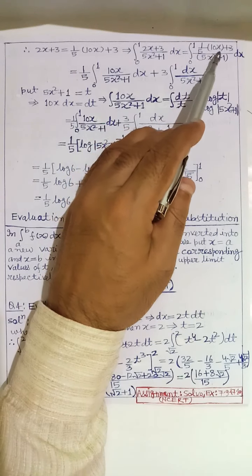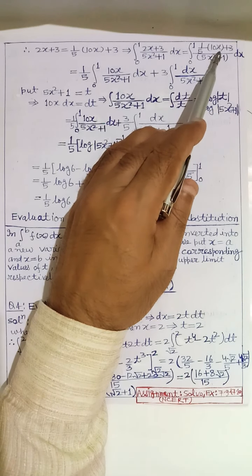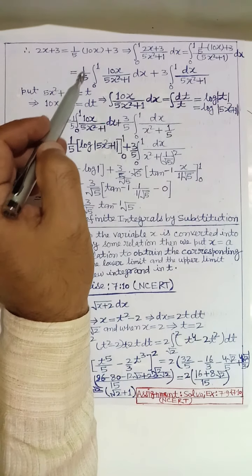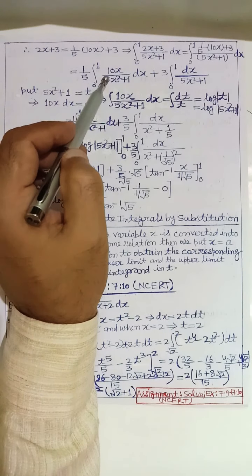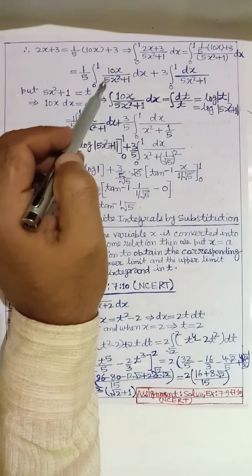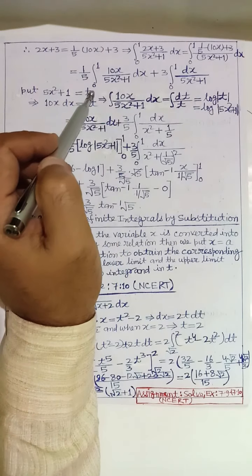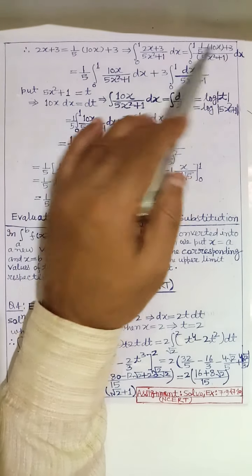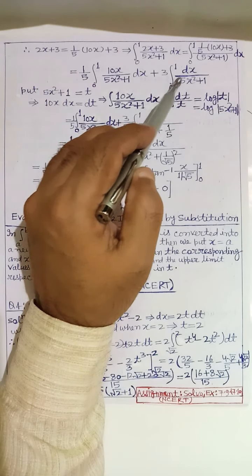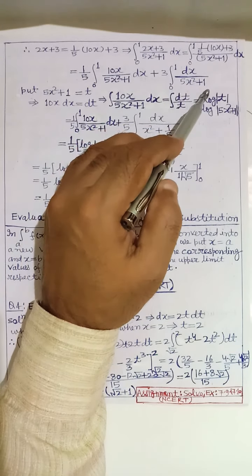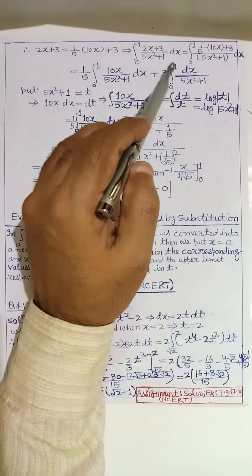We distribute the numerator. We can write 1 by 5 integral of 10x by (5x square plus 1) dx from 0 to 1, and here 3 integral of dx by (5x square plus 1) from 0 to 1.